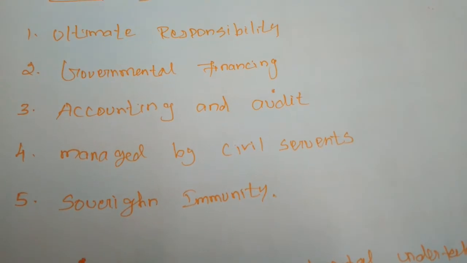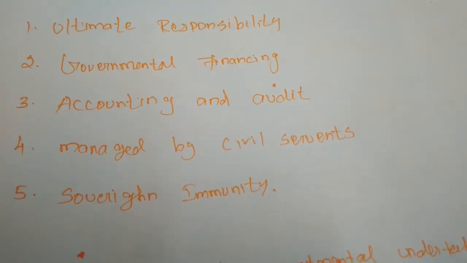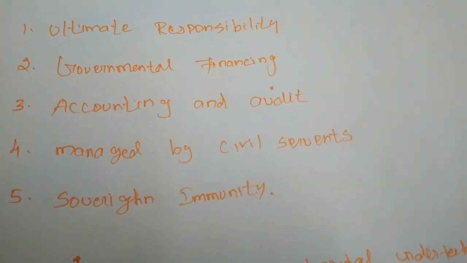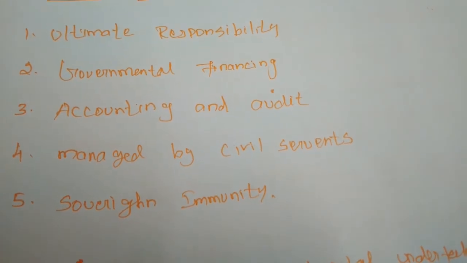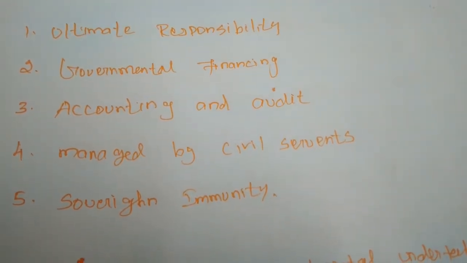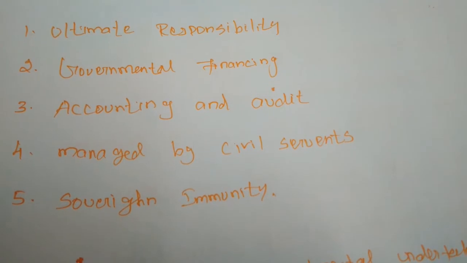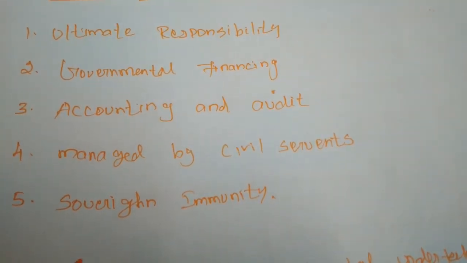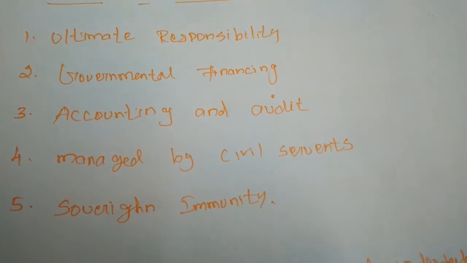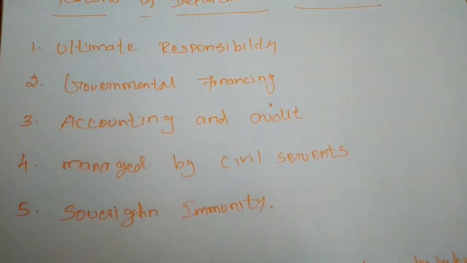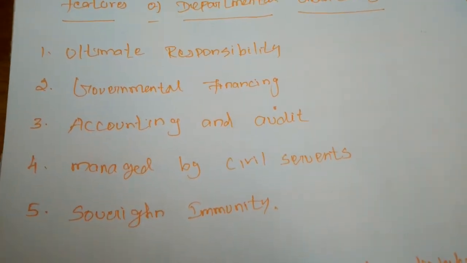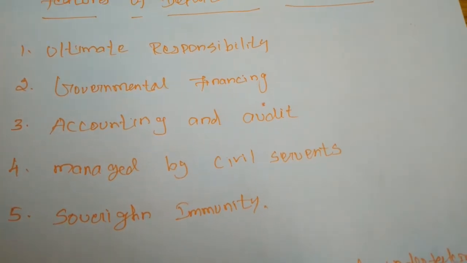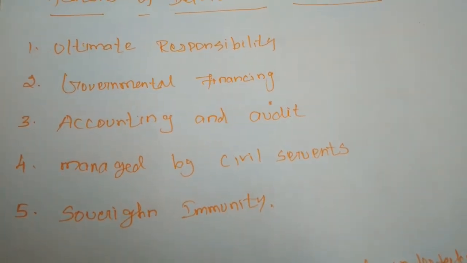Whenever they prepare the annual budget, the departmental undertaking receives more financial facilities to improve its day-to-day activities, and its buildings and infrastructure also. So in these governmental organizations, if any financial problem arises, it will be quickly resolved by the government.